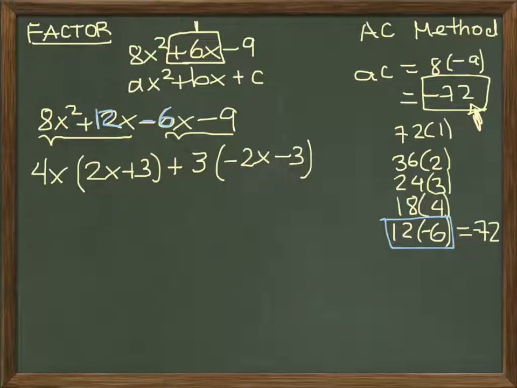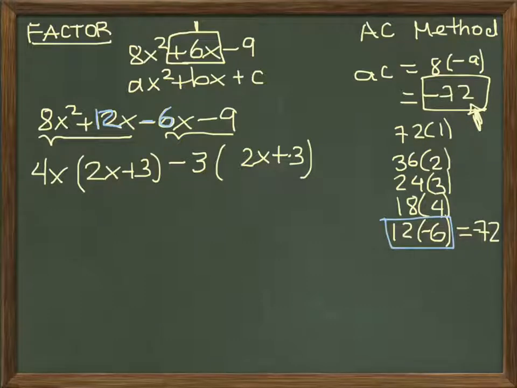The problem with this is that this factor is not exactly the same as that factor, and we need them to be equal for this to work. We're pretty close. All I need to do is fix that, which means I can make the negative part of my factoring, and factor out a negative 3 instead. Then the inside becomes positive 2x and a positive 3.